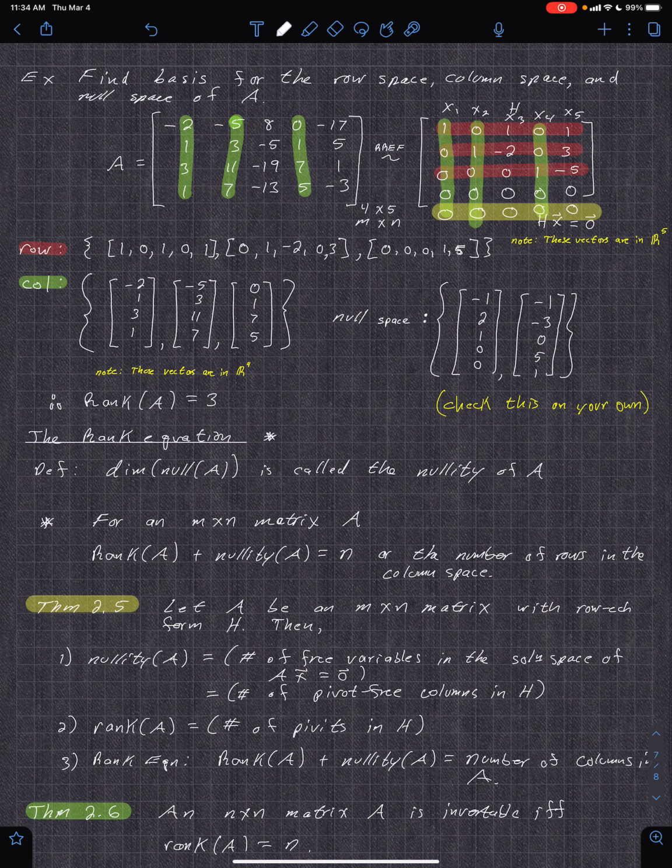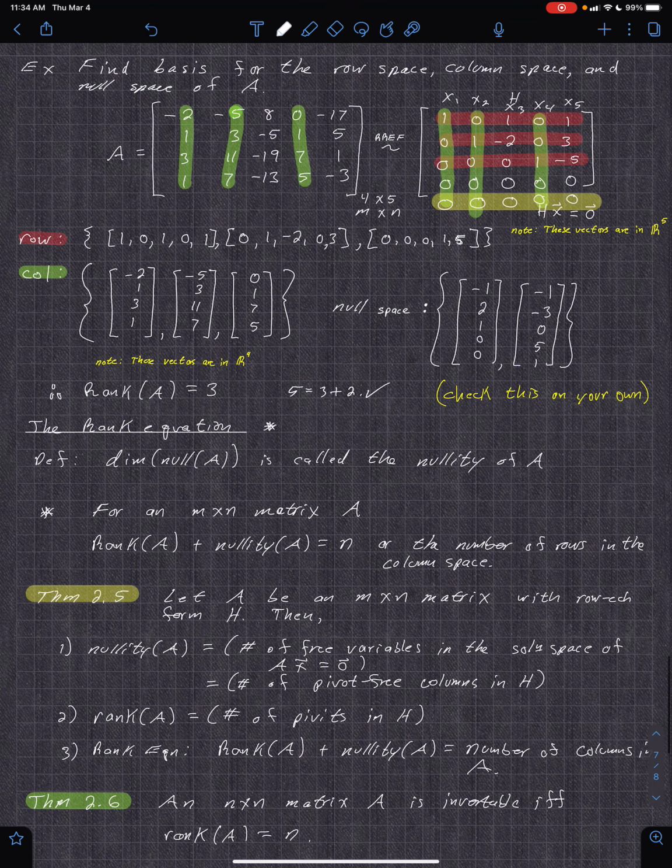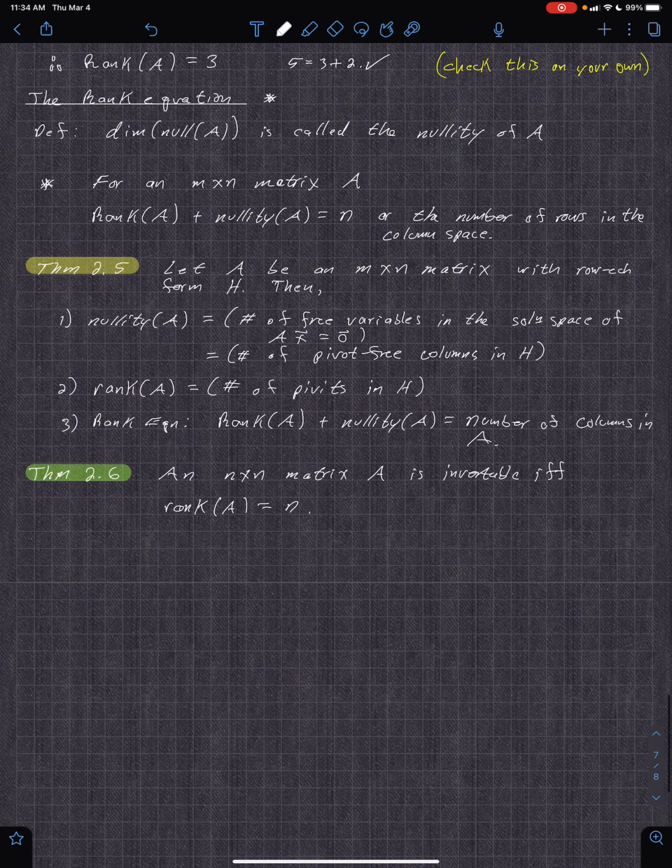The rank equation would have to be 5 is equal to the 3 in the rank plus the 2 in the null space. So that's true. That's one of the questions you might be asked for sure. We'll do a few examples of that, or at least one, and then we'll go on to 2.3.